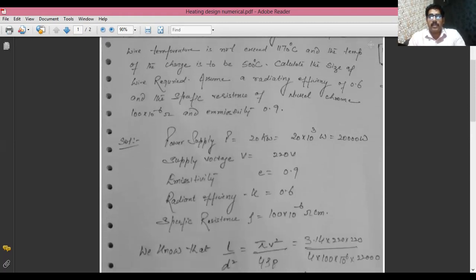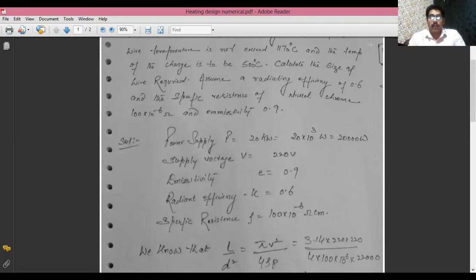Specific resistance of nickel chromium wire, that is resistivity rho, is equal to 100 into 10 raised to power minus 6 ohm centimeter. Now, based upon the previous formula, you see that L upon D square is equal to pi V square upon 4 rho into P. As I told you earlier, this L upon D, that is the ratio of length to the diameter of the heating element, is equal to pi V square upon 4 rho into P. So what should I do?